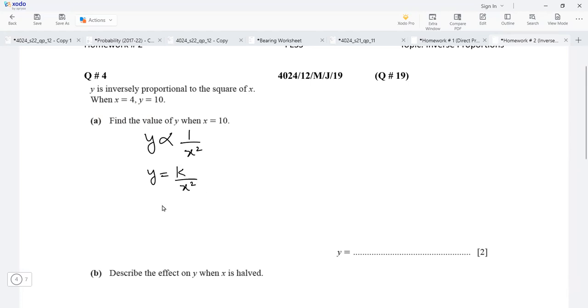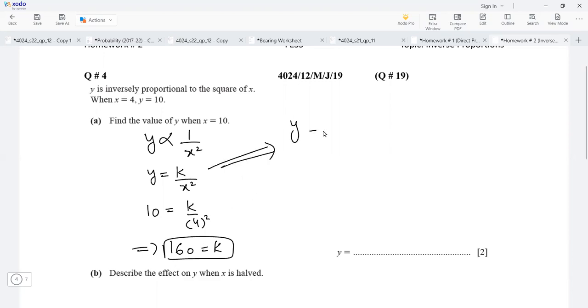Now replace y with 10 and x with 4. Square of 4 is 16 and times 10 will be 160. That is the answer for k. So replace k here in this equation. That will be the equation connecting x and y, that is y equals 160 over x squared.